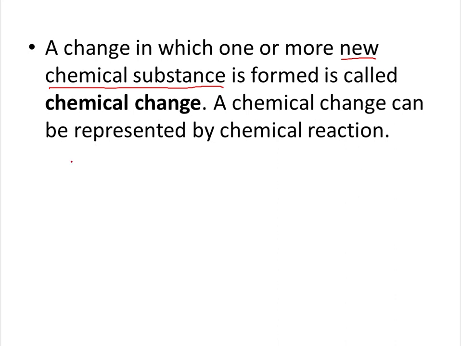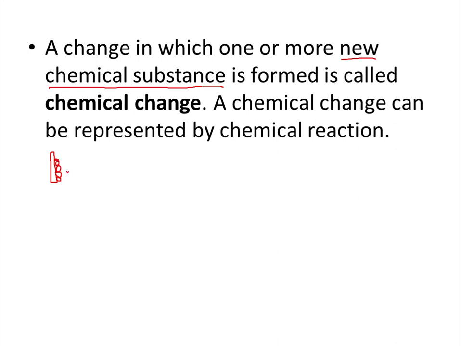Let's take example of the iron nail. If you take iron nail, then if we expose it to water and air, then after certain period of time we see reddish brown color substances growing over it, and slowly iron decomposes.